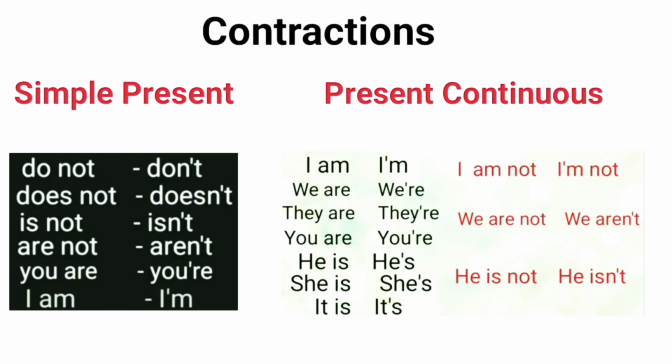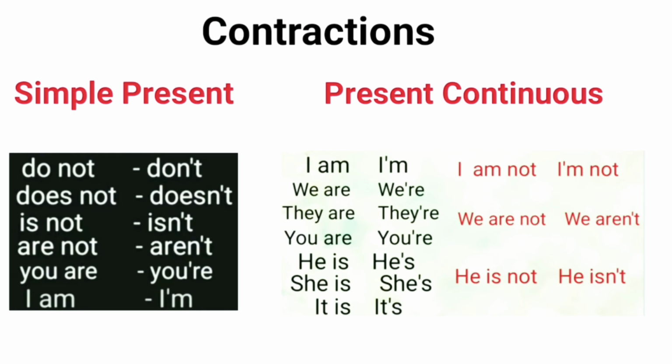Coming to contractions, in simple present tense, contractions are used only in negative sentences. And these are don't, doesn't, isn't, aren't, you're, I'm. And in present continuous tense, contractions are used both in positive and negative sentences.